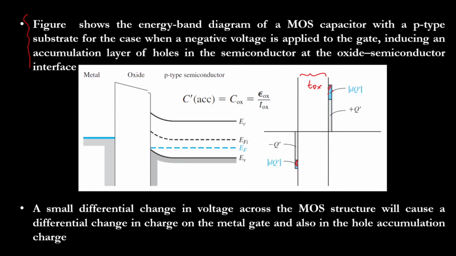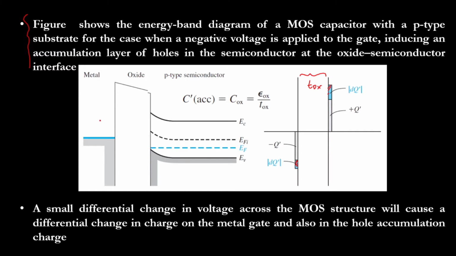A small differential change in the voltage across the MOS structure will cause a differential change in the charge on the metal gate and also in the whole accumulation charge. So the whole accumulation charge is also going to increase if we increase the voltage slightly at the gate terminal.